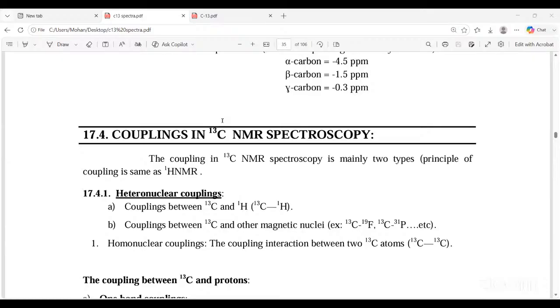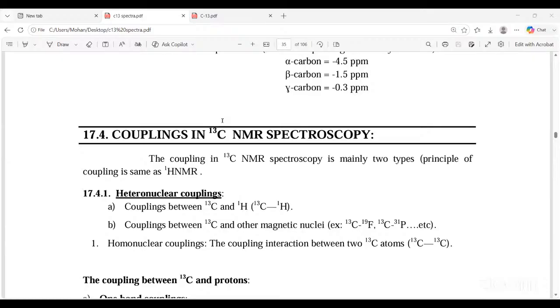If you see the order of electronegativity of the carbons attached with the halogens, the carbon attached with fluorine has the higher delta values, the chemical shift values. Then the carbon attached with chlorine has a lower value than that. Then the bromine-attached carbon has the least value.